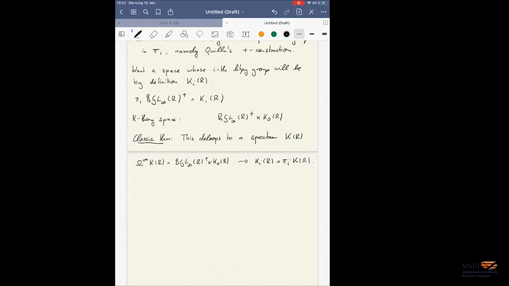The first remark is, you can also define GL infinity R for a ring spectrum R. When I say ring spectrum, I will mean A infinity ring spectrum, or what's also called an E1 ring spectrum, or strictly associative ring spectrum.